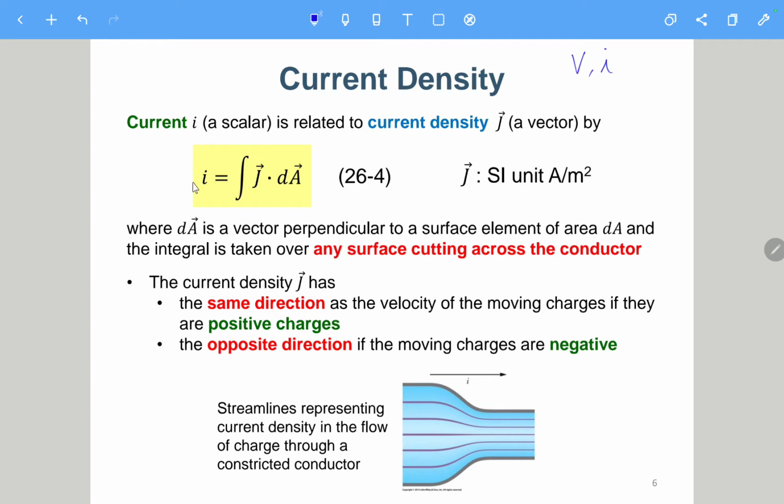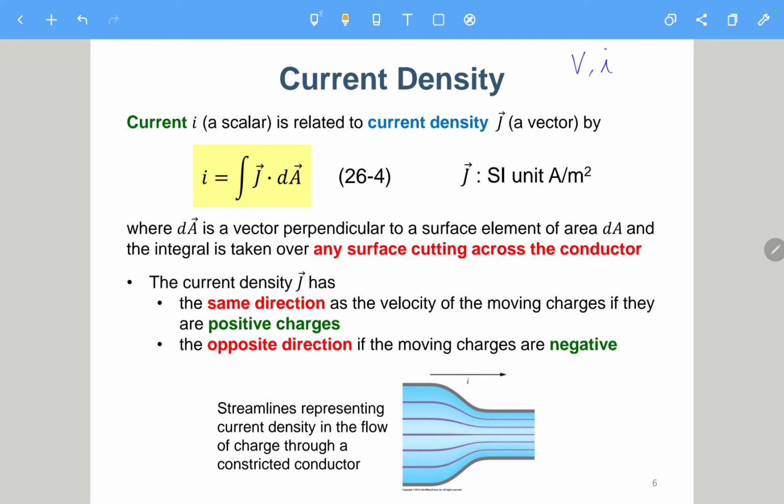It tells you that the current equals the surface integral of the current density dot the differential area vector. This is a surface integral, not a closed surface integral, but for an arbitrary surface, not necessarily closed. So we don't have a circle here.